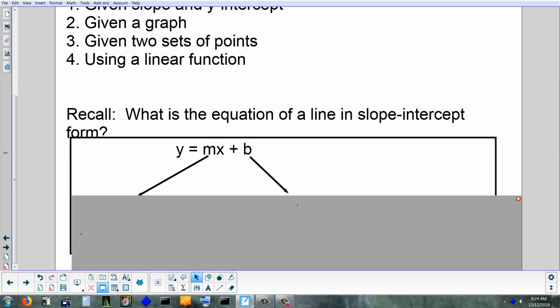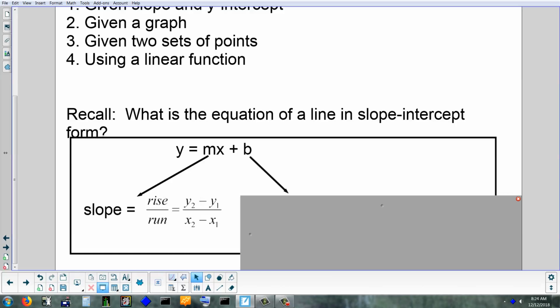What was the little trick we used for slope so we knew what direction to go? Ellie? Rise over run. So on your notes in your box there, slope is going to be rise over run. If we ever, kind of like what we did at times last academic week, if we ever asked you just to find the slope, there's 2 ways you could do it.